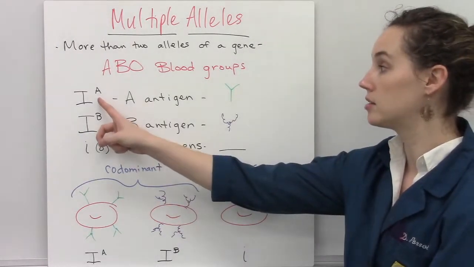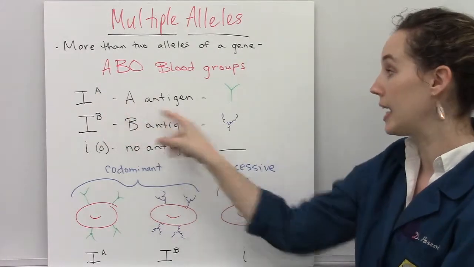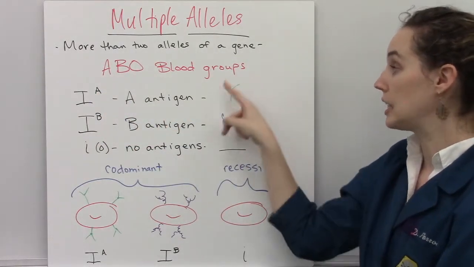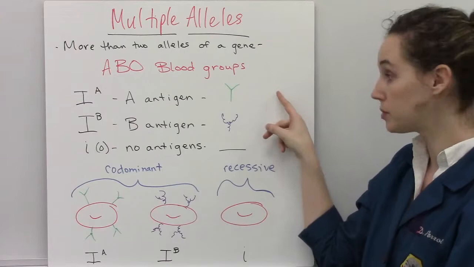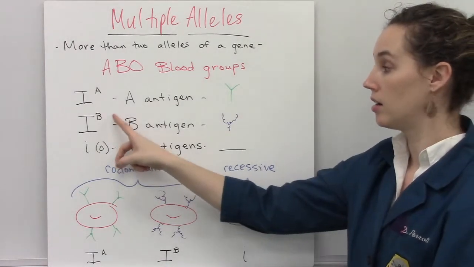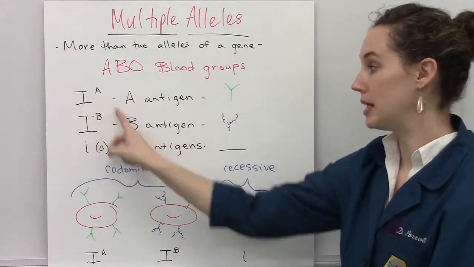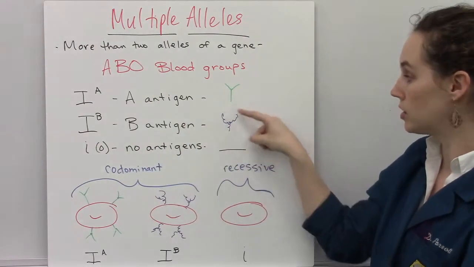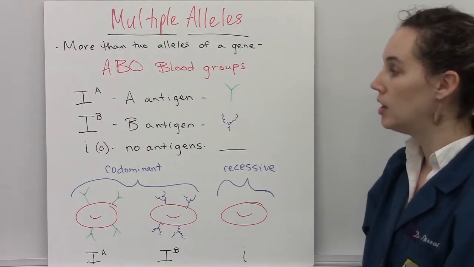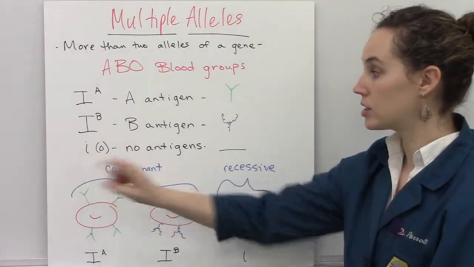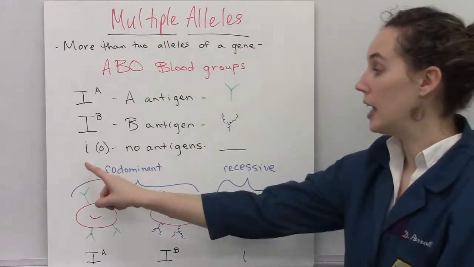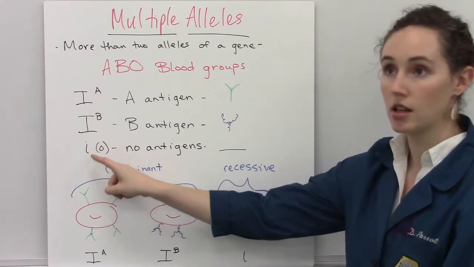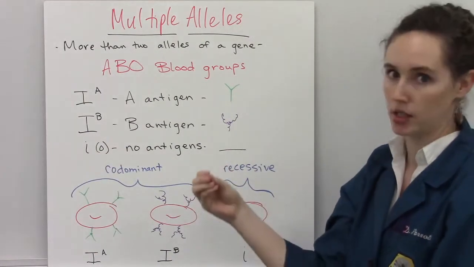There's the type A allele, which builds A antigens, shaped like this. There's the B allele, which codes for B antigens, that will look like this throughout the video. And then there's this lowercase i, and this is going to represent the allele for type O blood.